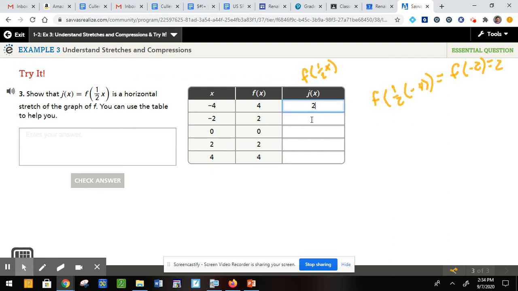If I do the same thing with the next one, what is f of 1/2 of -2? I'm just pulling a number from the x column. And it's really like saying what's half of -2 is -1. F of -1 equals 1.